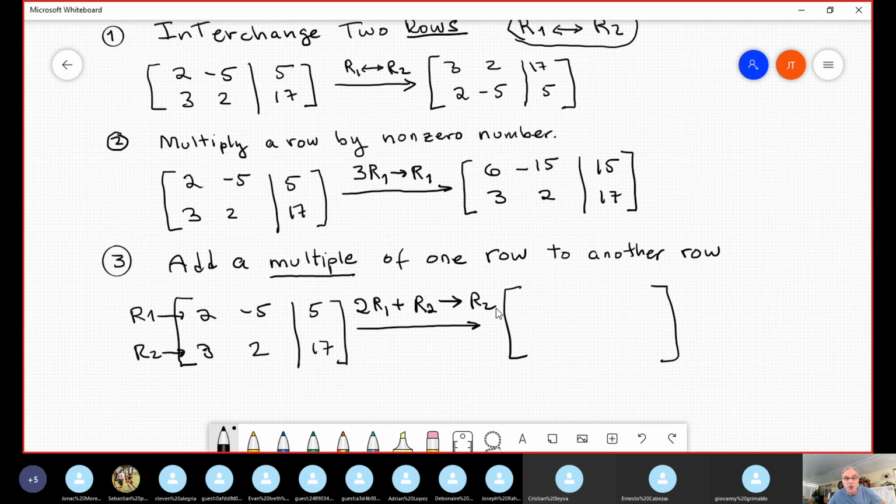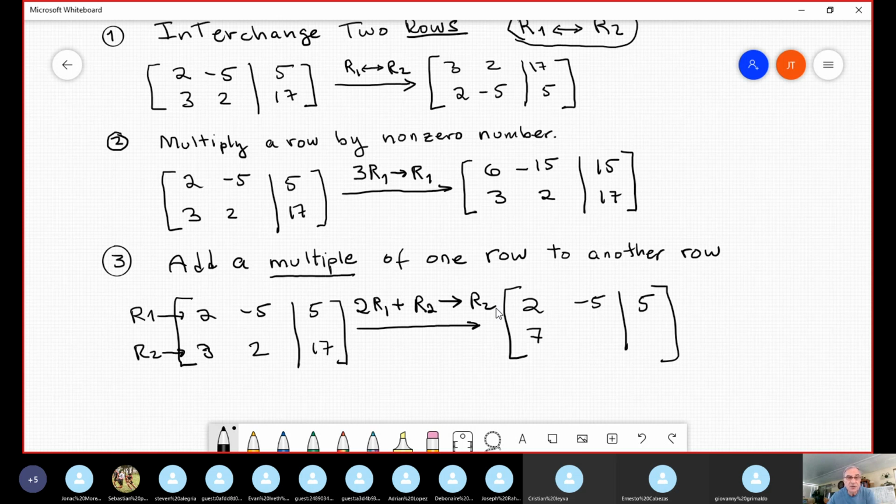And this new number, you store in row 2. Therefore, in my new matrix, row 1 stays the same. Why? Because it participates in the game, but the information gets changed in row 2. So basically 2 times 2 is 4, 4 plus 3 is 7. Do you understand where the 7 comes from?